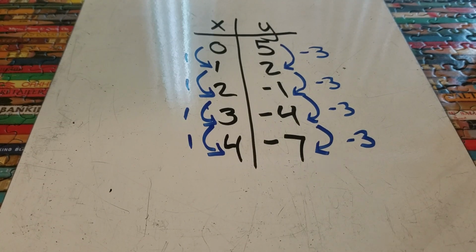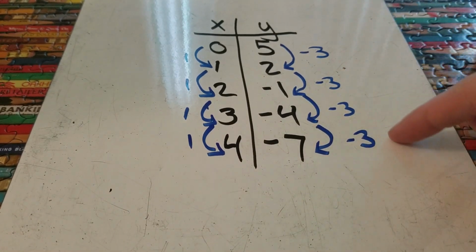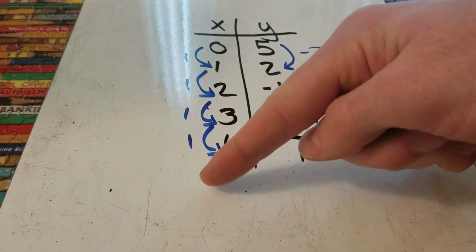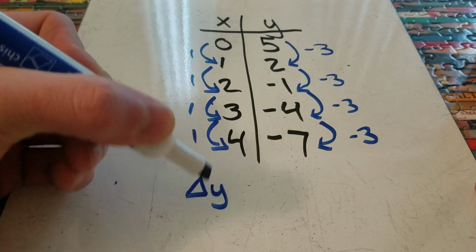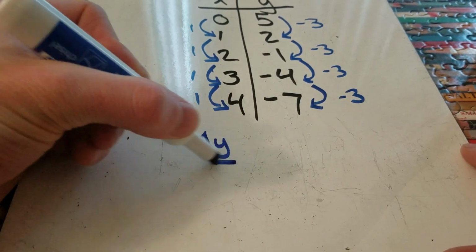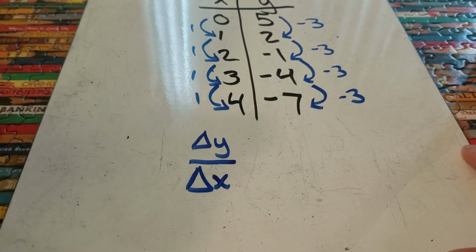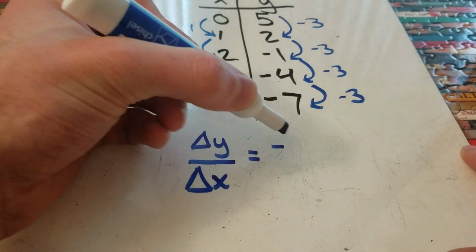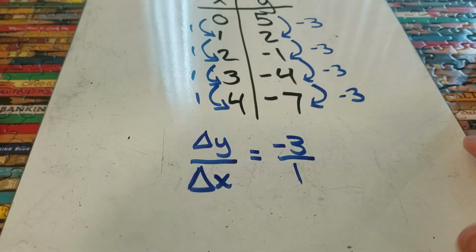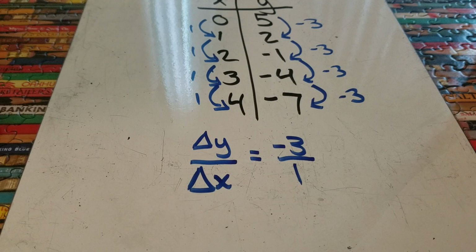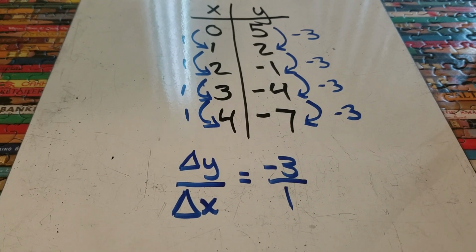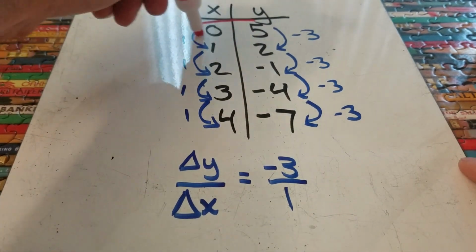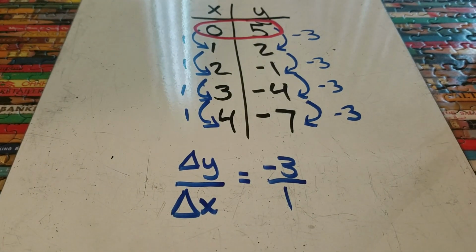So in this case, again, I'm doing my changes in y over my changes in x. And I'm going to write a ratio, change in y over change in x, is going to be negative 3 over 1. So I have my slope. I also, again, in the table, have my y-intercept right here, 0, 5.